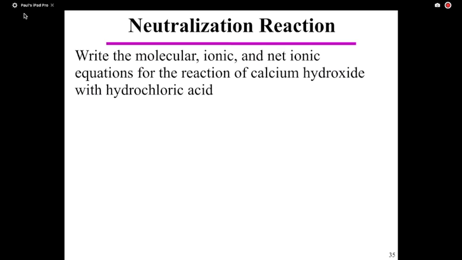So let's take a look at another reaction where we're going to get a net ionic equation. We're going to start off with calcium and hydroxide. Calcium is a +2, hydroxide is a -1.